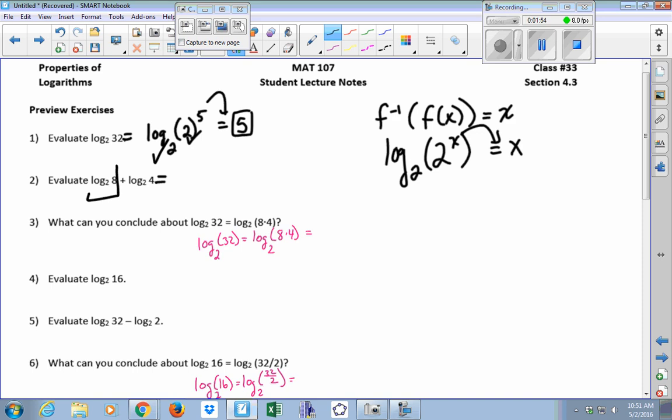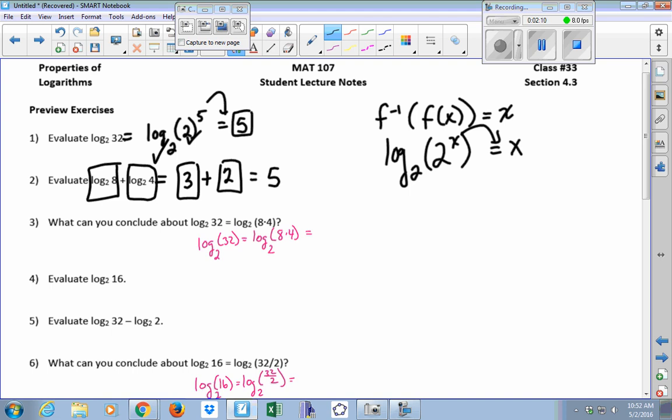and if we use a similar approach to this sum, we can say log base 2 of 8 is 3, because 2 cubed is 8, and log base 2 of 4 is 2, because 2 squared is 4, and lo and behold, we get the same answer.